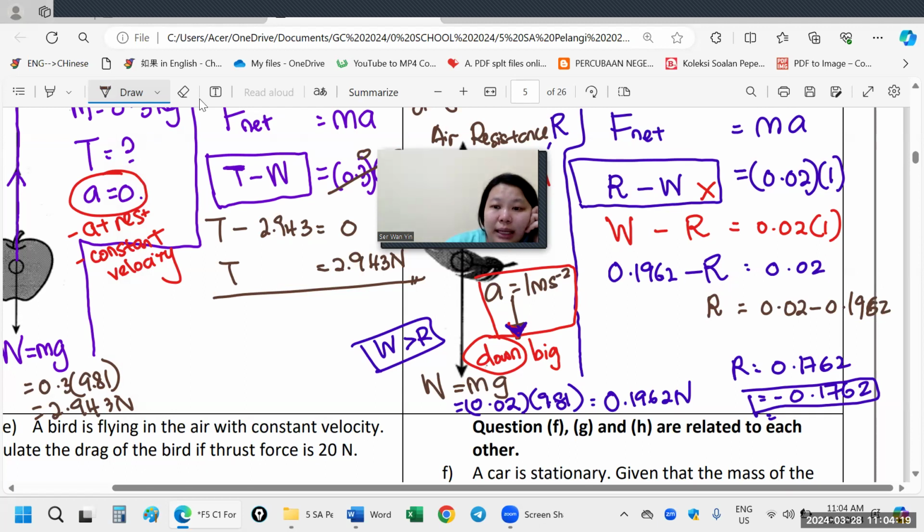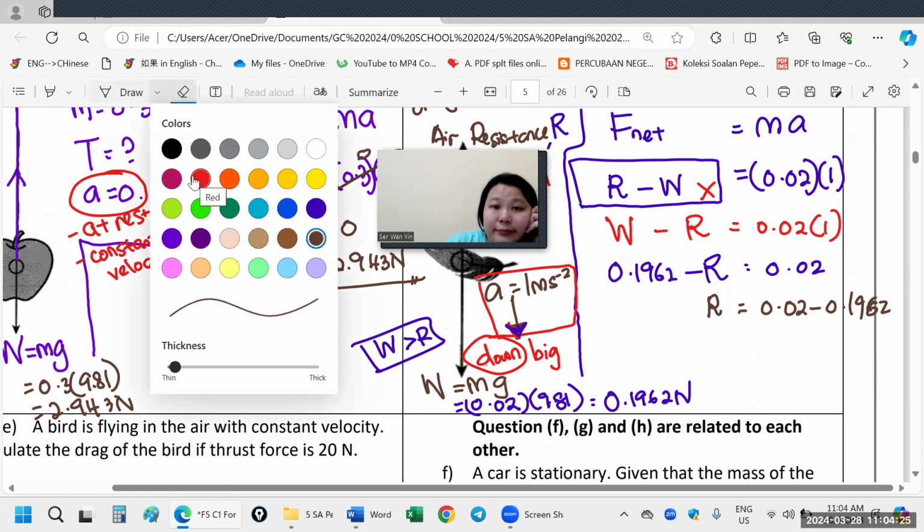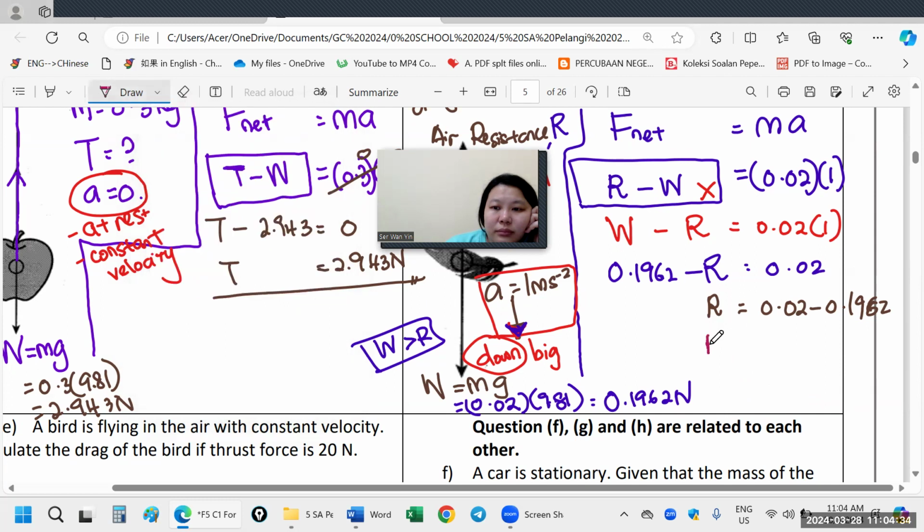Okay, I believe some of you may have done this. So which one is correct? A or B?